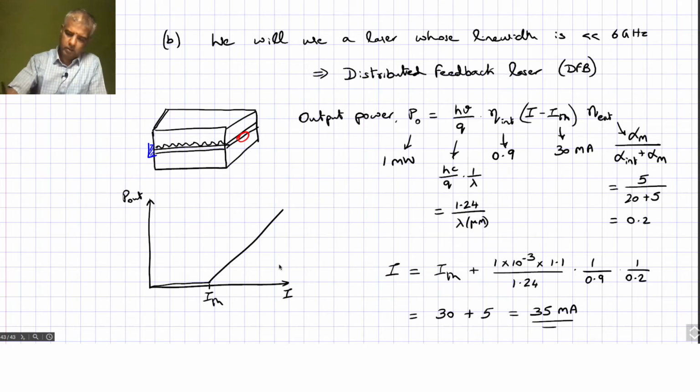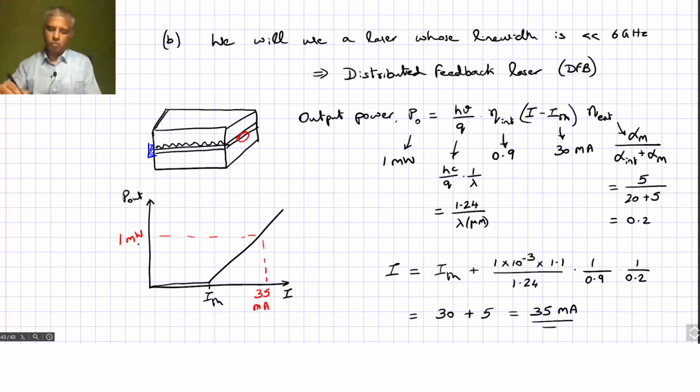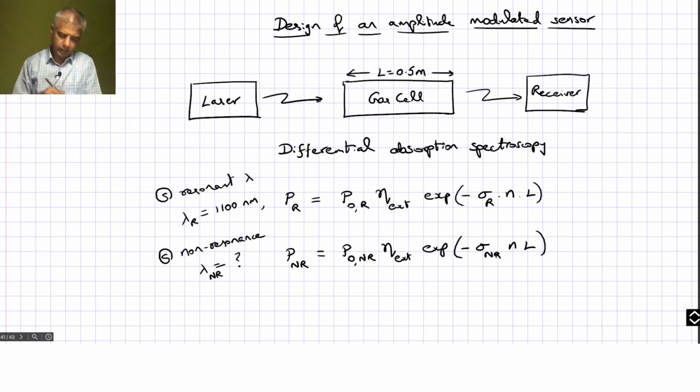So that's somewhere over here. Let's say this is 35 milliamps, so that you can get an output power of 1 milliwatt at 1100 nanometers, which is what we are going to use in our setup to probe this gas cell. We will assume that we are able to get the same amount of power, 1 milliwatt.